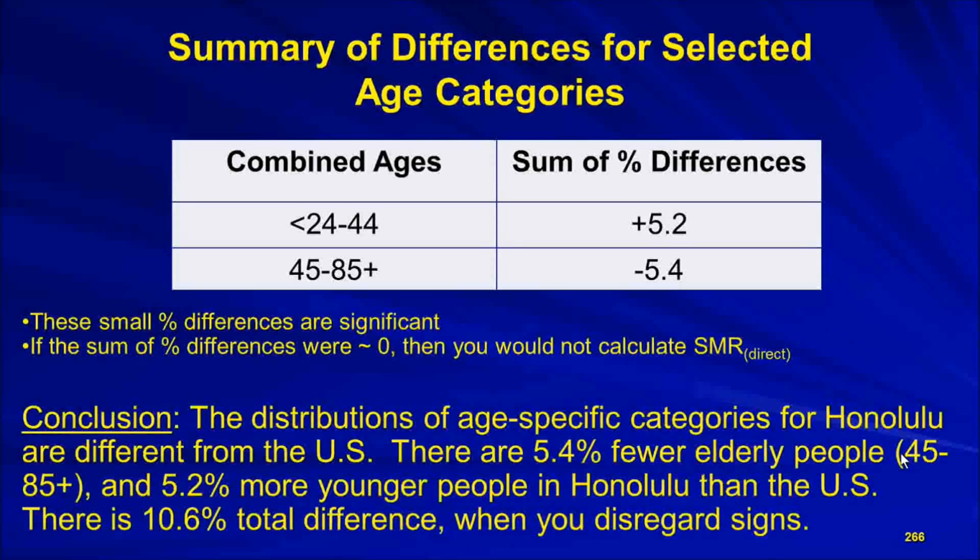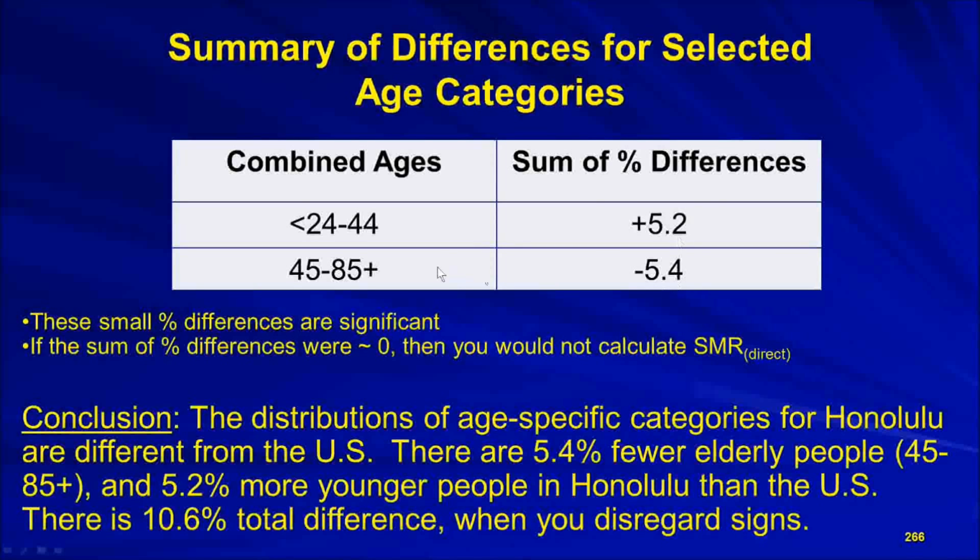We have 5.2% that are younger than the U.S. population, and we have 5.4% that are fewer older people. So if you say it again, the difference is in youth.